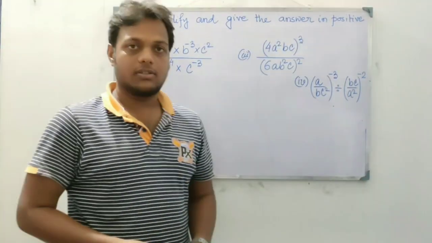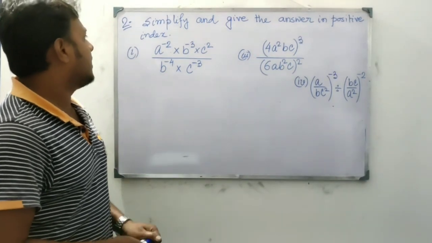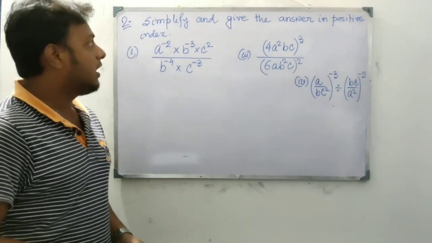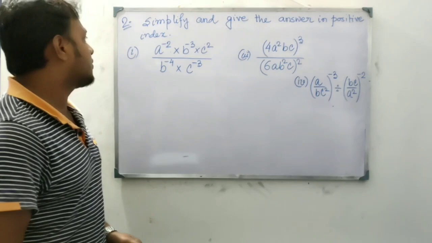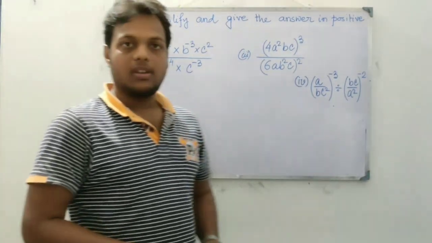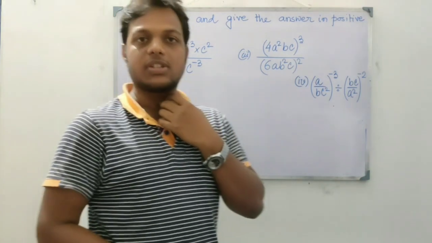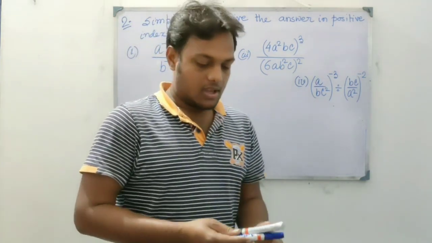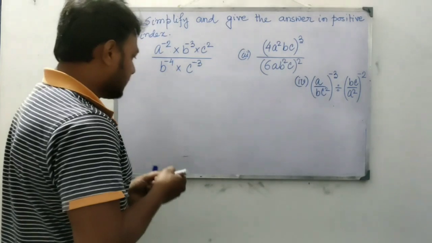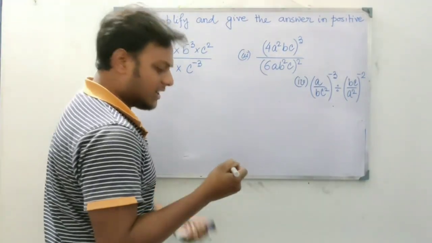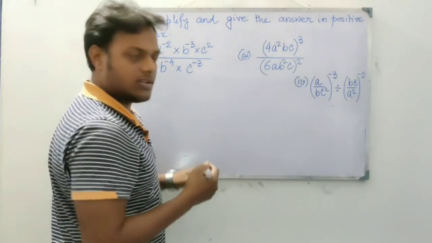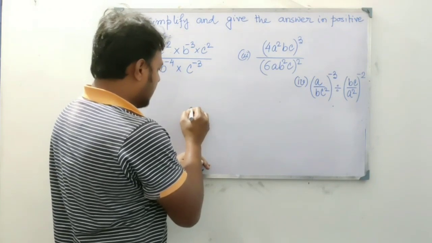Exercise 2. Read the question, simplify and give the answer in positive index. You have to give the answer in positive index. So what is positive index? Suppose you have 2 to the power 5.